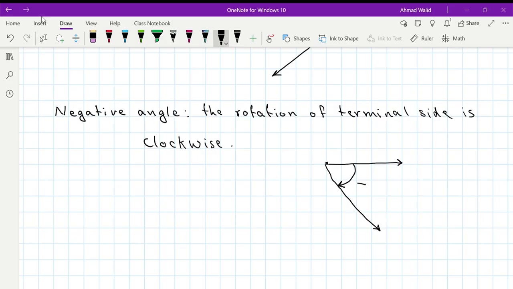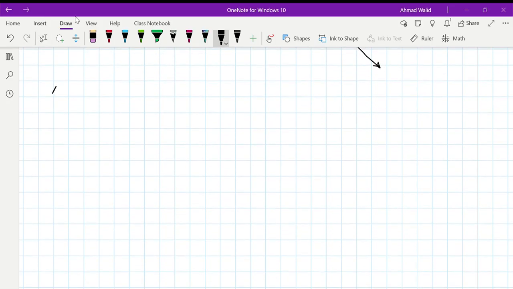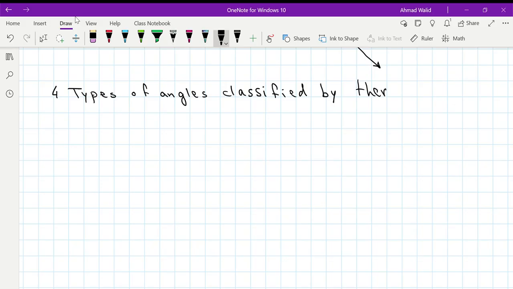I'll give you 4 types of angles classified by their measure. I will draw pictures. The easy way is to draw pictures and explain.